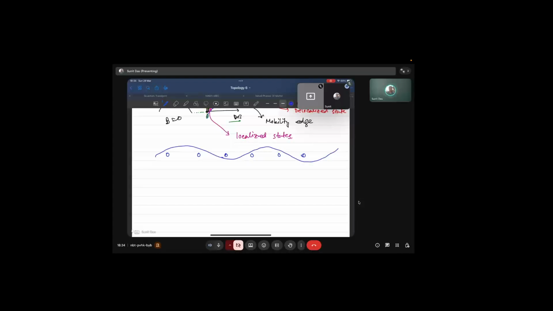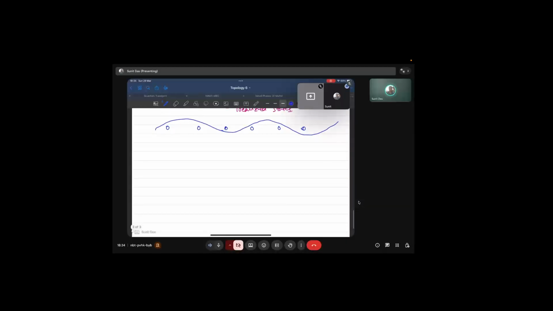So anywhere you have some probability to find the electrons, so essentially the electrons are almost free. But in a periodic solid state system, this is essentially given by the Bloch wave function, which is not really exactly a free wave function.